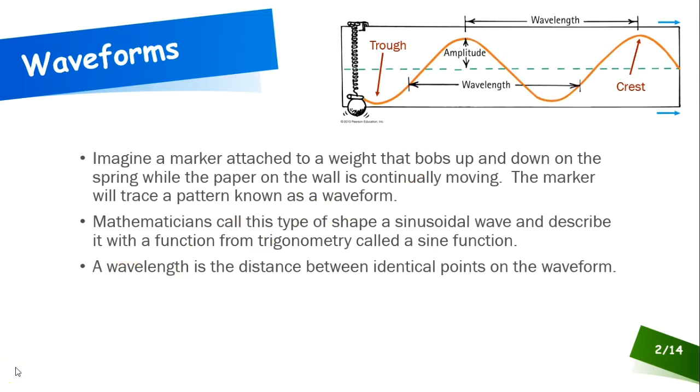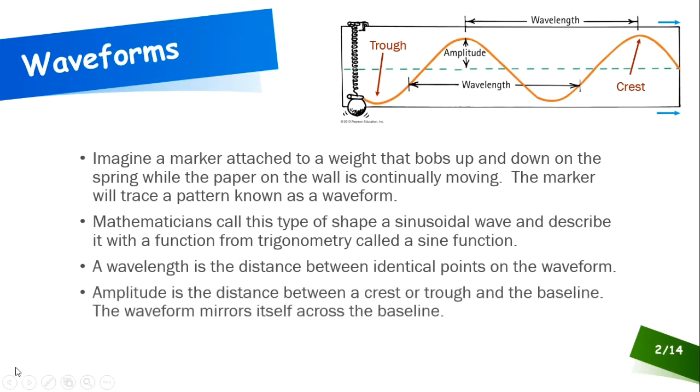The other characteristic we want to look at right now is the amplitude. The amplitude is the distance between a crest or trough and the baseline. You'll notice that the waveform mirrors itself across the baseline. Now the baseline is that dashed green line that you see running through the middle of the wave.